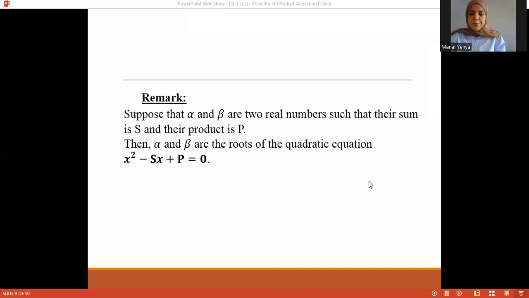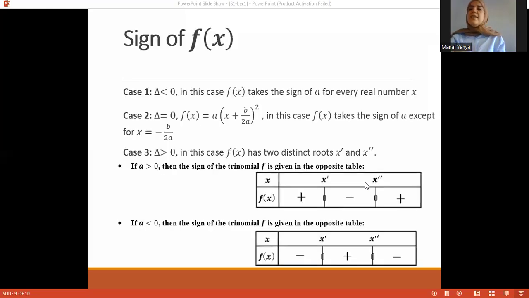Let us continue. Now we need to study the sign of the quadratic equation. We need to know when the equation is positive and when it is negative. Last year, we already learned how to find the sign of a polynomial function. We used to factorize the equation, put the roots in a table, and find the sign of each factor alone.